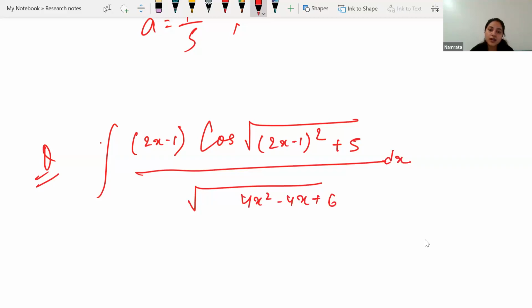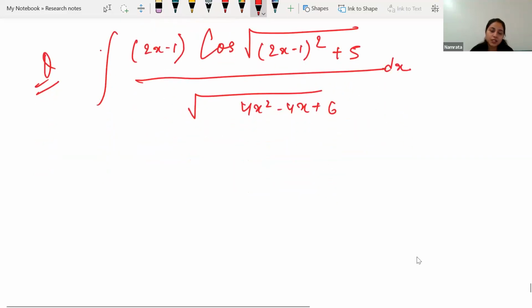Integration we have to do. Okay, this is from 2021. Here c is the constant of integration. It's written in the question, and accordingly the options are there.